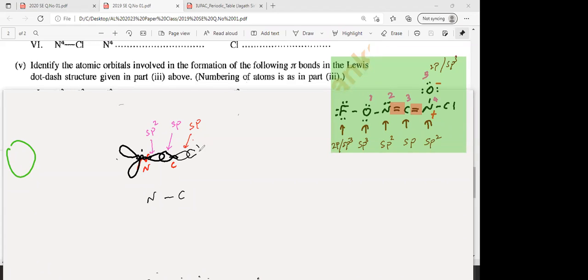So this also, sp is linear overlapping, and then this will be like this. This is the other nitrogen. That is sp2. Look at the screen. So this is sp2.